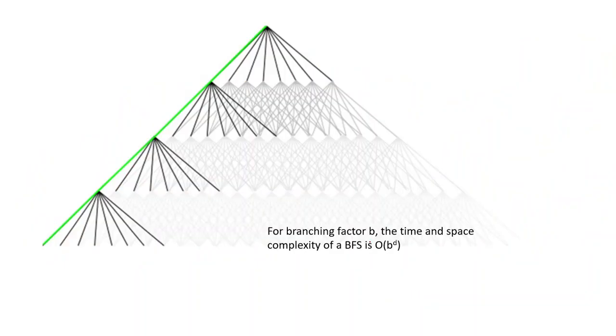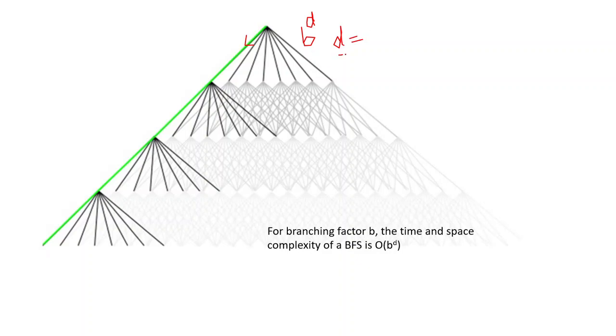Now if we move on to some tree like this, say this has B number of children at each level. So we can safely say that at each level the number of nodes will be B to the power D, where D stands for the level number, a finite integer.